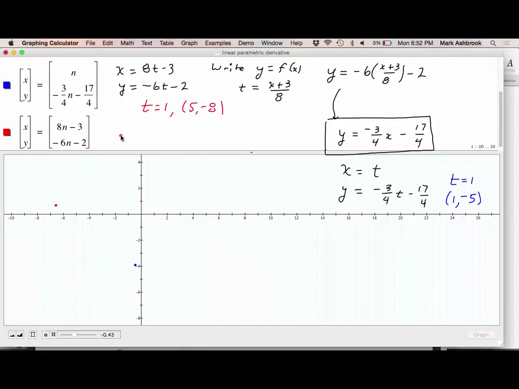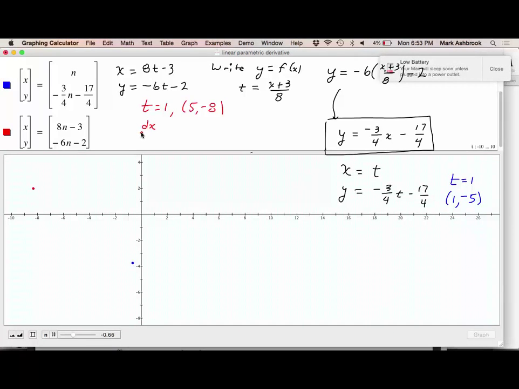Okay, which brings us to rate of change. How can I talk about this red function here? What would represent rate of change in this red function? I've got x equals 8t minus 3 and y equals minus 6t minus 2. What could I do? Rate of change is the change in y over the change in x.